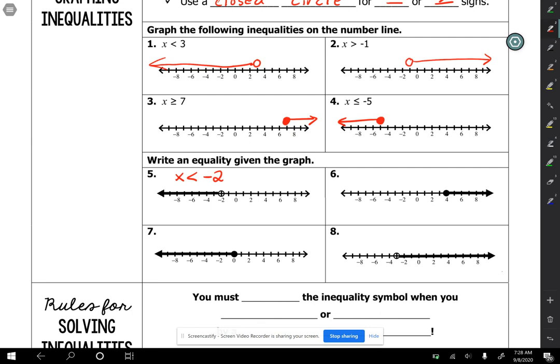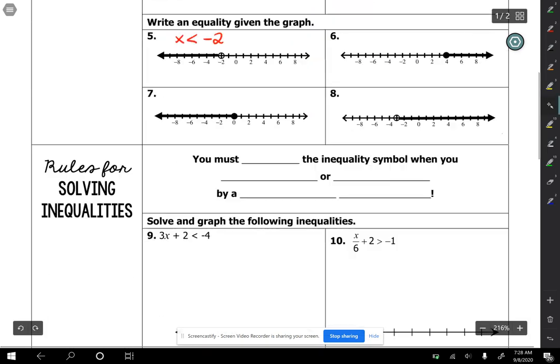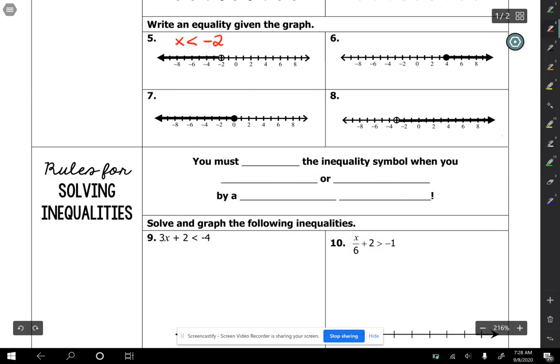In number 6, I'm comparing x and 4 because my circle is on 4, and my arrow is pointing this way. So I know it's greater than, but it's also greater than or equal to because that circle is filled in.